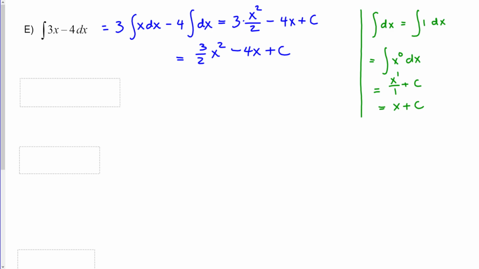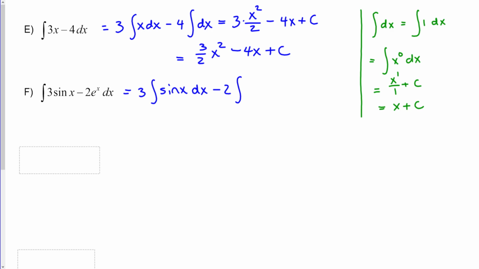All right, next up, the antiderivative of 3 sine x minus 2e to the x dx. This is going to be first written as the integral of 3 times the antiderivative of sine x minus, be careful here, I don't want to miss a dx in there, minus 2 times the antiderivative of e to the x dx.